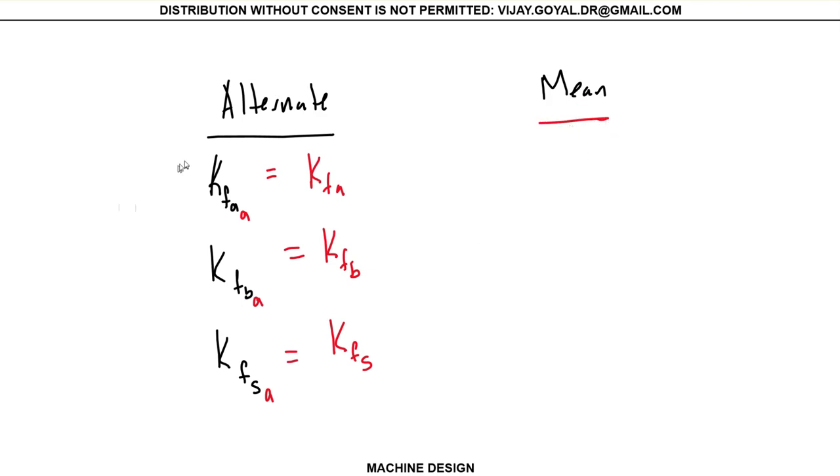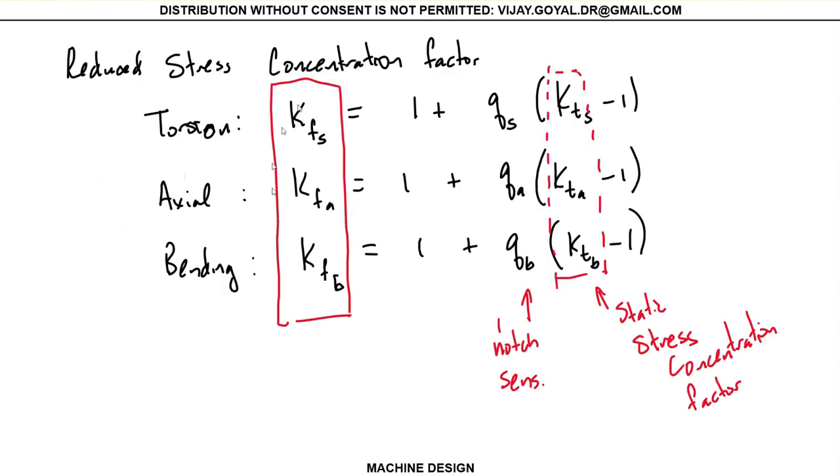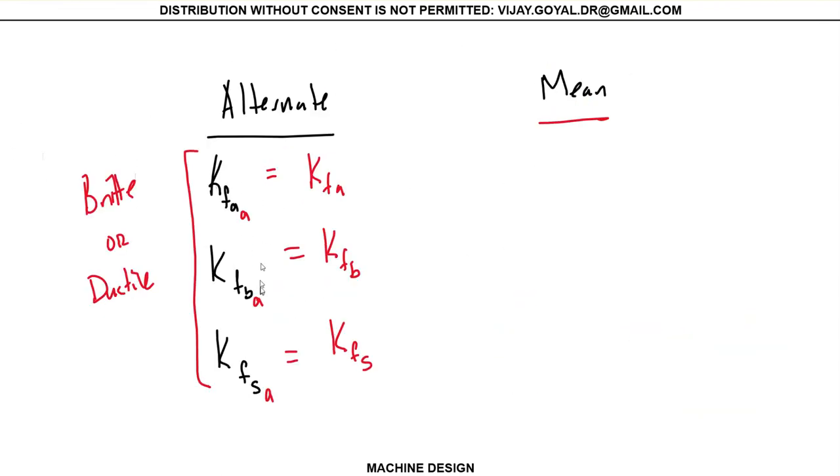For alternate, you will apply this regardless if it's brittle or ductile materials. It doesn't matter what type of material you're using, you're going to take this reduced stress concentration factor and say that's going to be alternate. So your alternate stresses will use that.